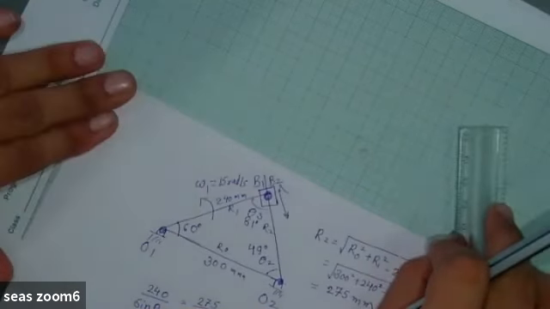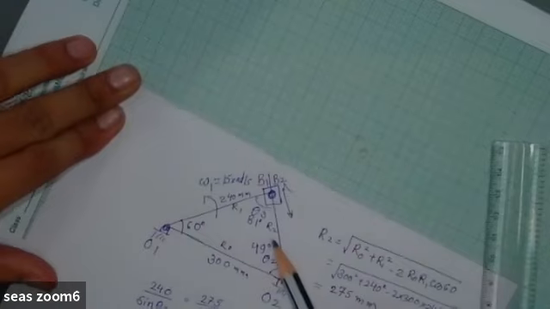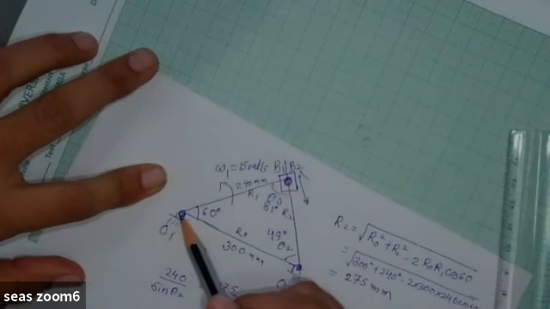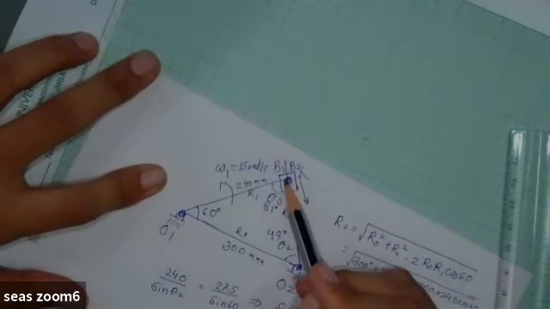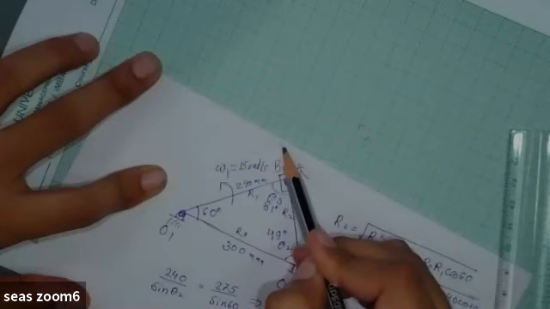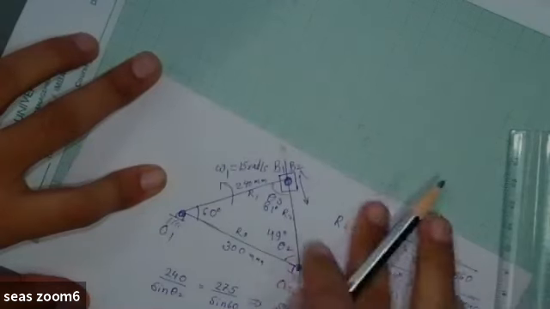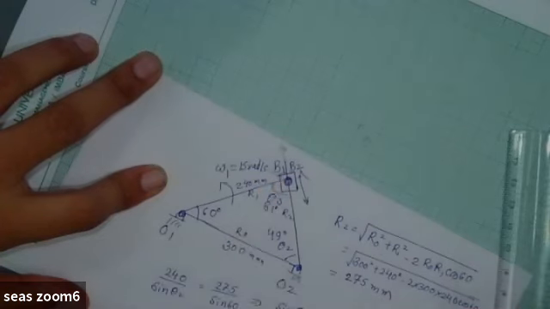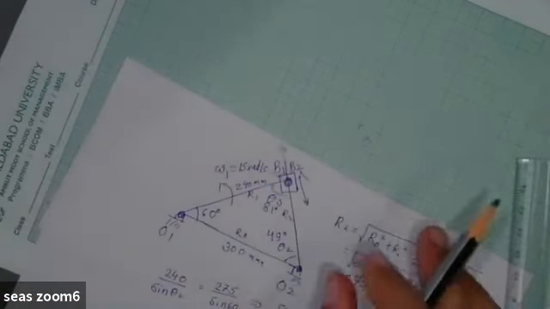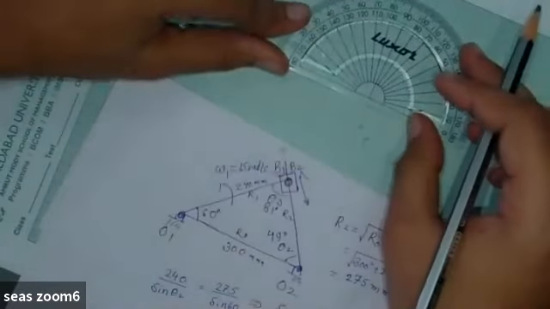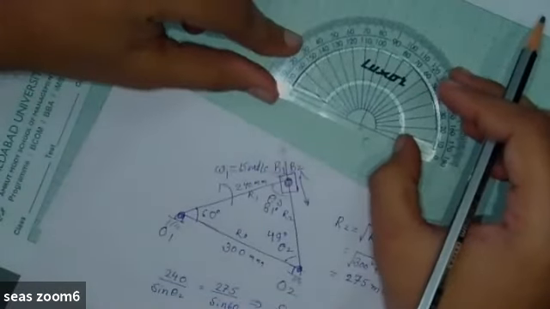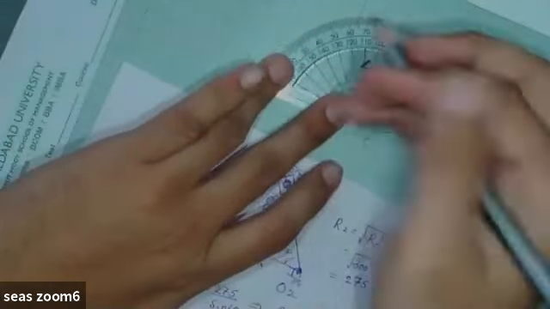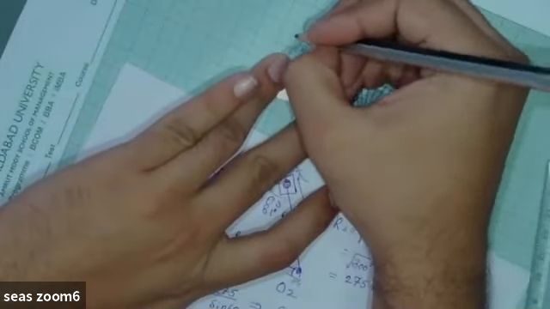Here the velocity of B1 with respect to O1 will always be perpendicular to line O1B1 and in the direction of movement, like this. Because the link is at 60 degrees, it will make 30 degrees from the horizontal. So I will draw a line at 30 degrees from the horizontal.